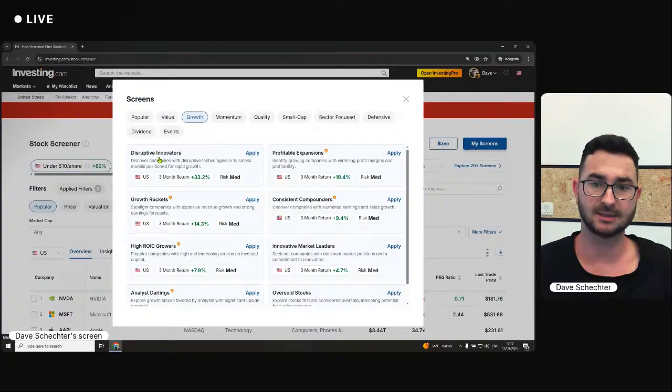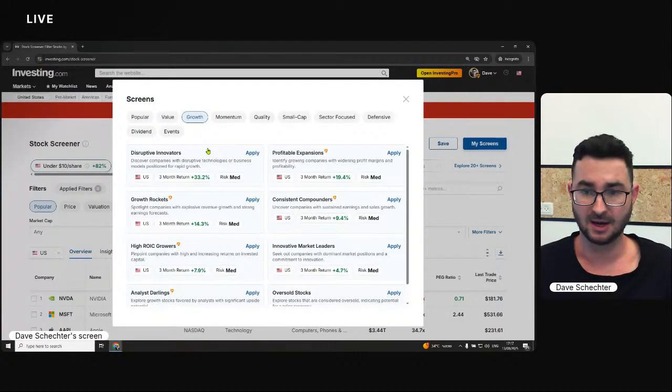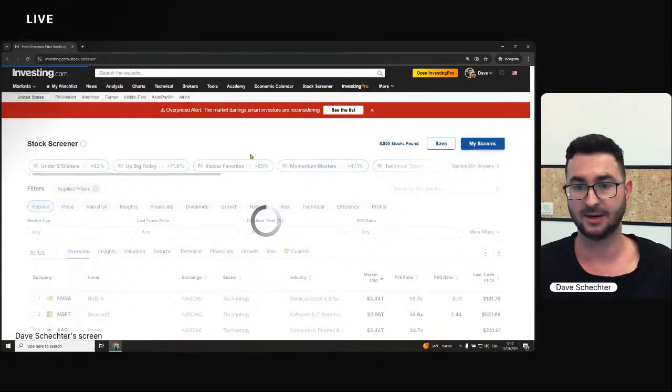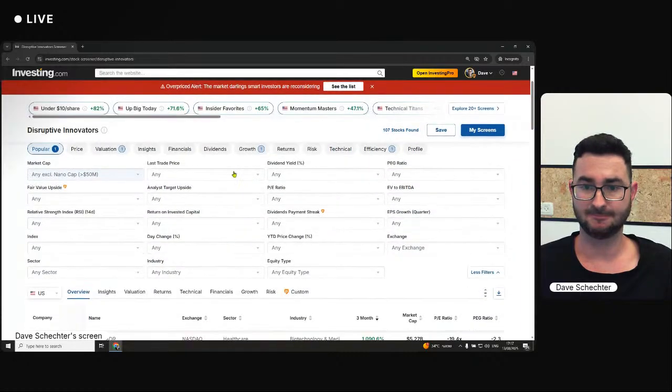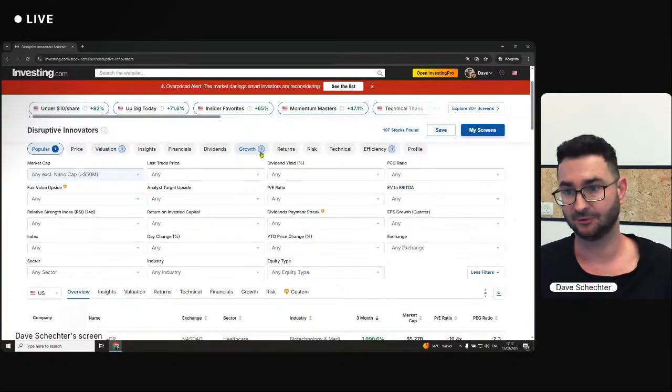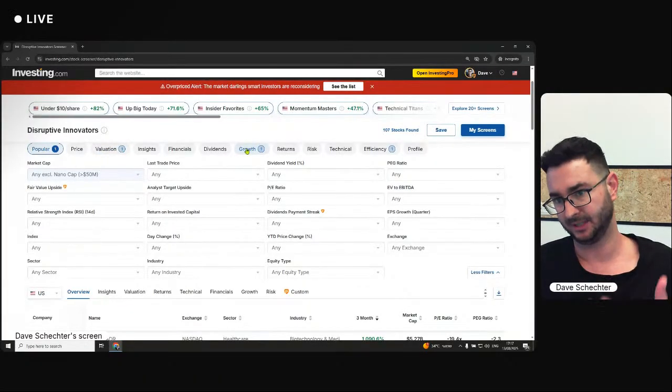So for example, let's say I wanted to find companies with a 3-month return above 33%, then I can go ahead and click apply. And then if I click on more filters on the right here, I can add in any more metrics that I want. I can also see which particular metrics have been added already and under which particular themes they've been added.